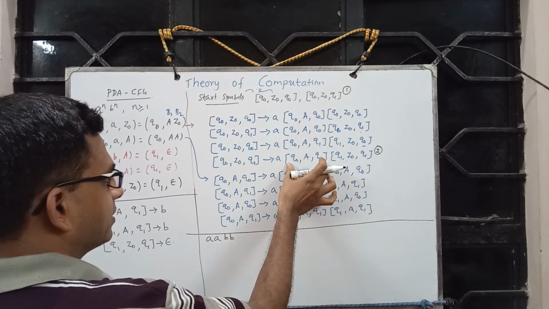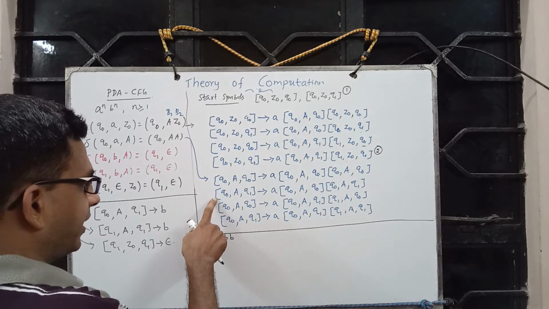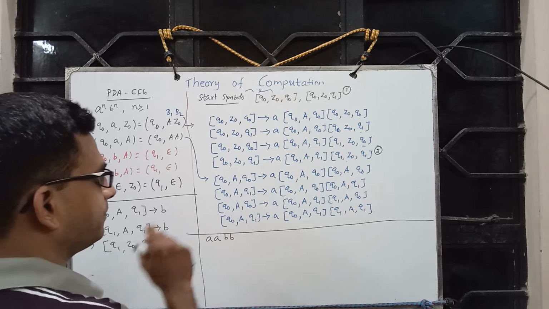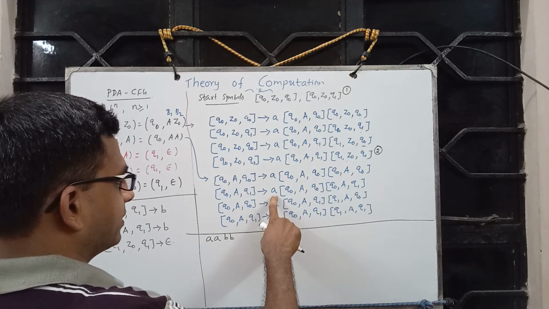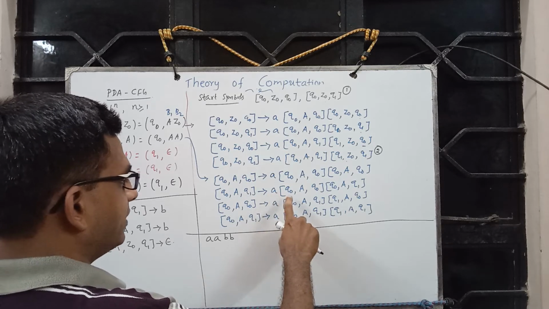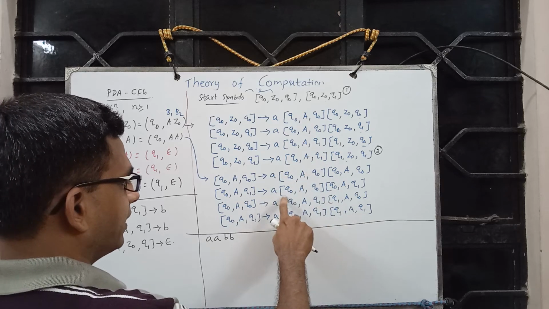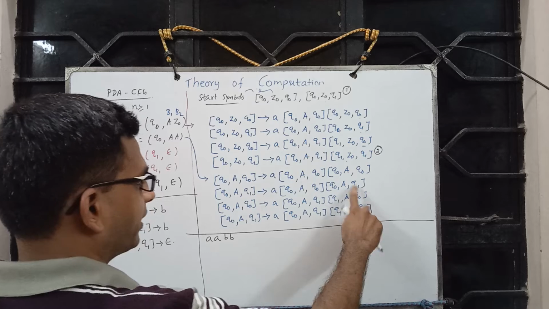Then what about this? Now q0 A q1, you can either take this or this. Let's verify. Suppose I take this. Then q0 A q1 says q0 A q0 followed by q0 A q1.